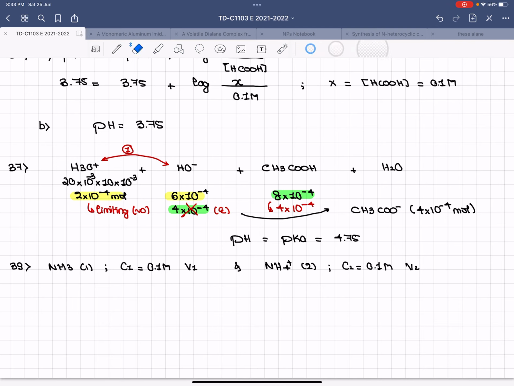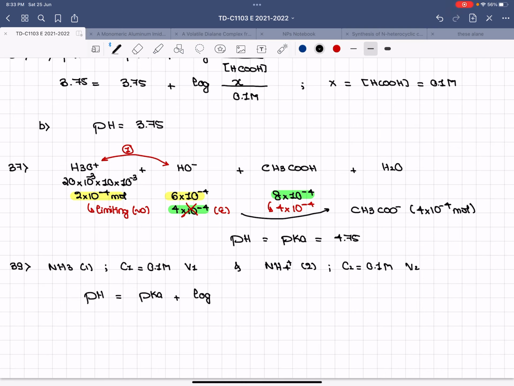We start with pH equal to pKa plus log of NH3 divided by NH4 plus concentration.